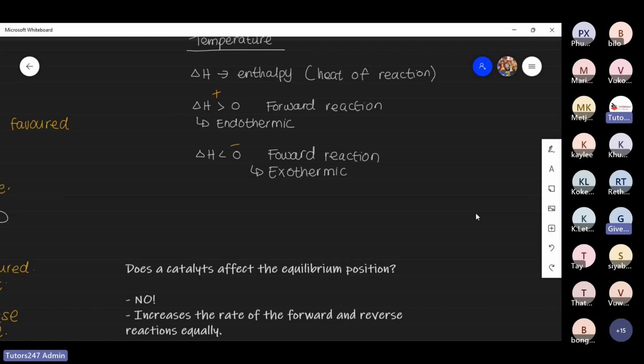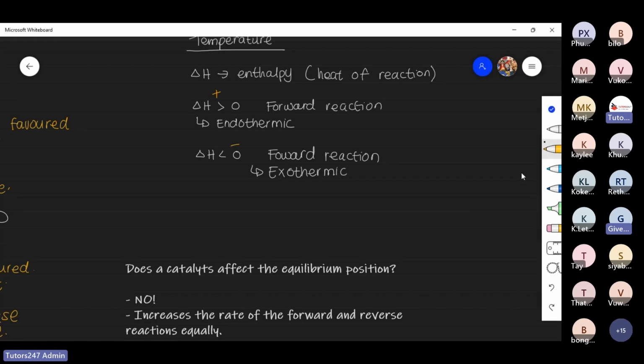And a decrease in temperature favors the exothermic reaction. Why? Because an exothermic reaction releases heat into the surroundings. So if your surroundings are cold, if you then produce an exothermic reaction, the heat from that exothermic reaction will be released to the surroundings, thereby warming up the surroundings. Okay, so keep that in mind.